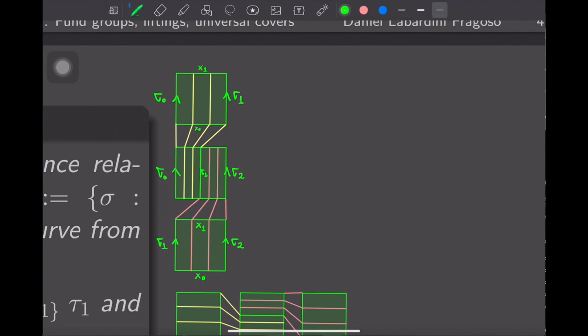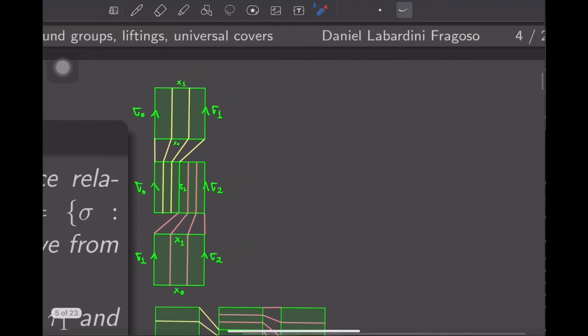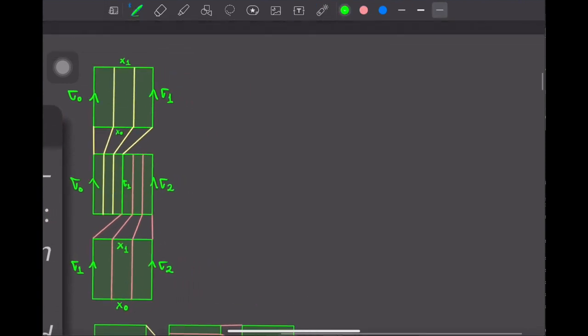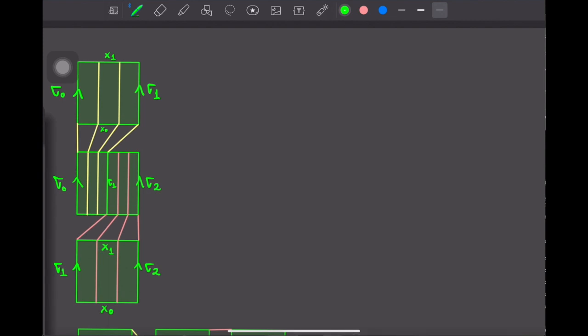And just to illustrate that this is more than just the picture, that one can really read everything from this type of diagram, let's see what should be the actual rule.